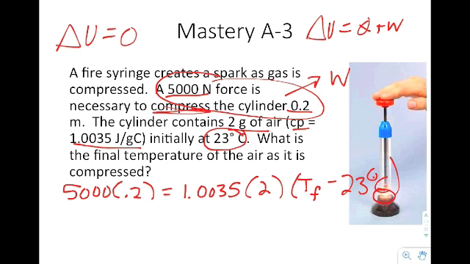Okay, so all you have to do at this point is divide both sides by 1.0035 times 2. And then once you do that, you need to add 23 degrees to both sides.